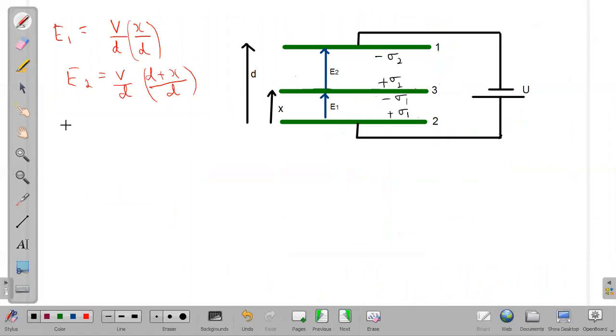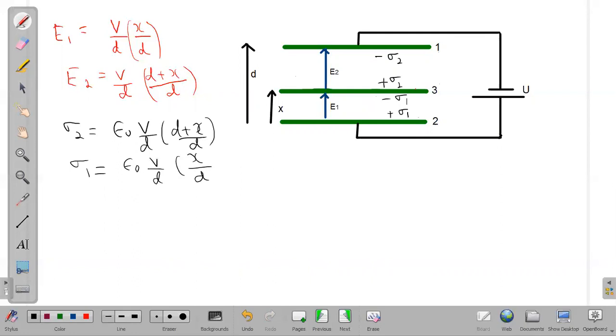Sigma 2 will be epsilon multiplied by E2, which is V by D into D plus X by D, and sigma 1 is epsilon naught V by D into X plus X by D.